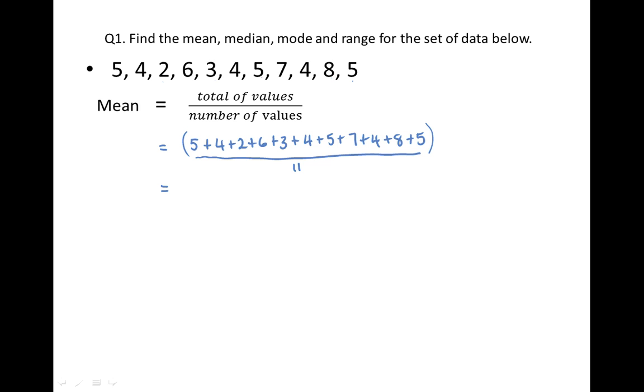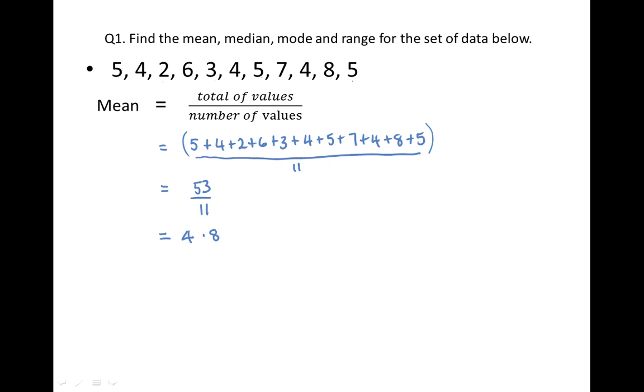What you will have, hopefully, is a calculation where the top value is equal to 53 divided by 11. You'll grab your calculator again, divide that, and we'll have an answer of 4.8. So the mean or average in this set of data is 4.8.